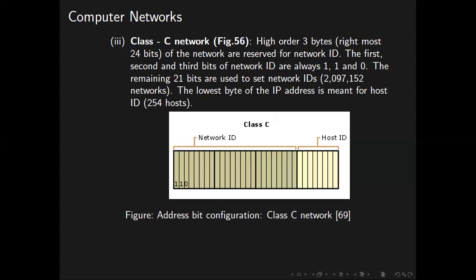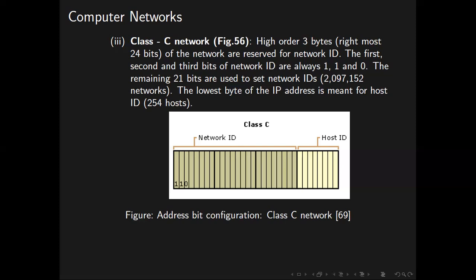And Class C networks are typical local area networks, like the one we host in our lab. We categorize it as a Class C network because the first 3 bytes go for the network ID, and the network ID starts with first bit 1, second bit 1, third bit 0.